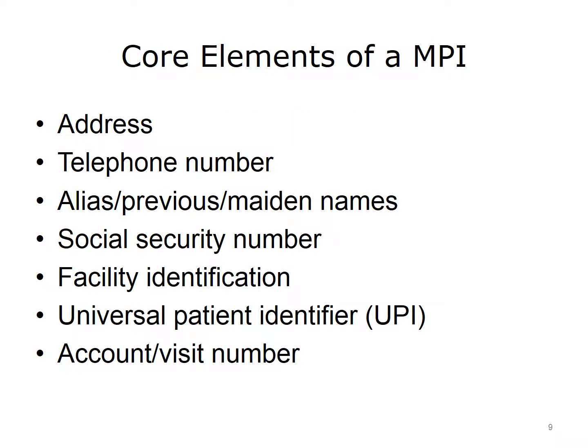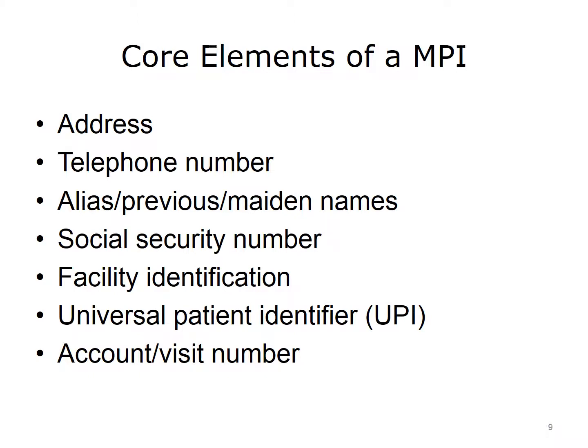Slide 9. AHIMA 2010B, September, defined the core elements as follows. Internal patient identification. Primary identifier used by the facility to identify the patient at admission, for example, the medical record number. Person name.